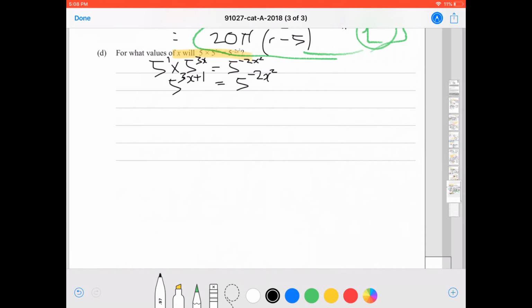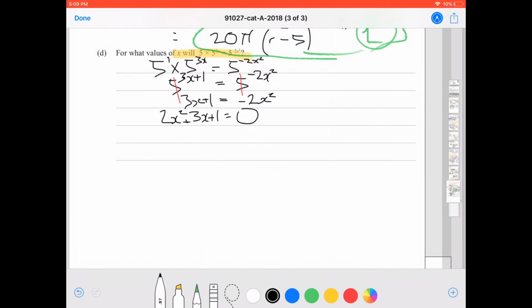And our bases are the same, meaning they can cancel out, and we can equate 3x plus 1 and minus 2x squared. Okay, we can see a quadratic starting to form. Let's bring everything to one side. We've got 2x squared plus 3x plus 1 equals 0.